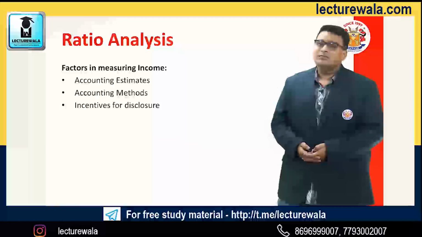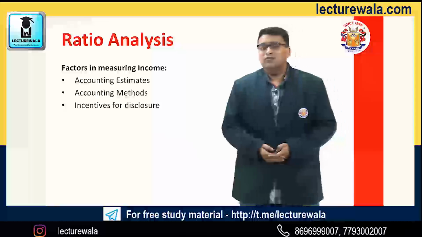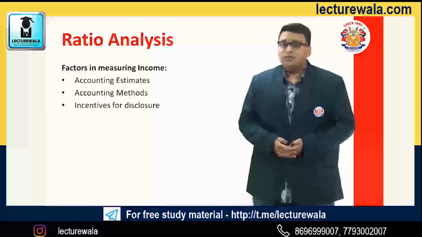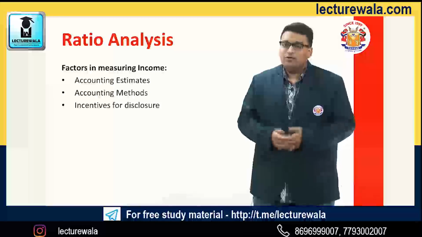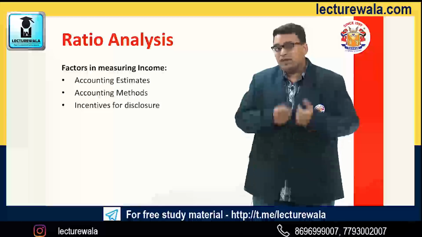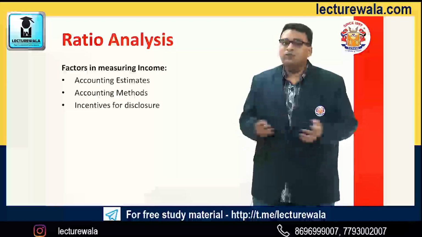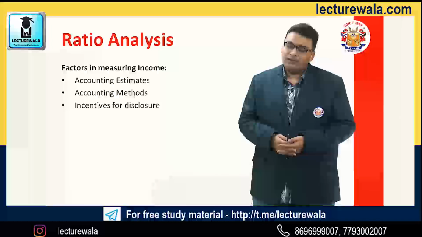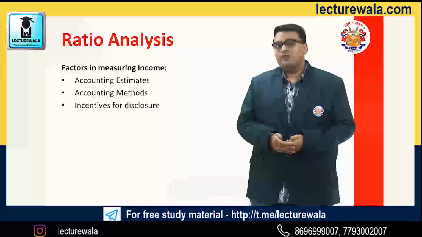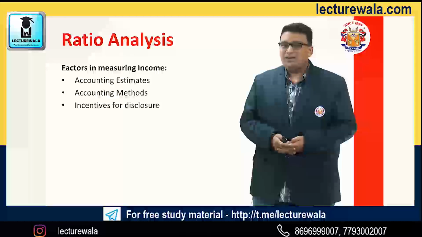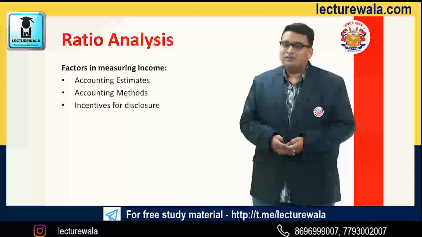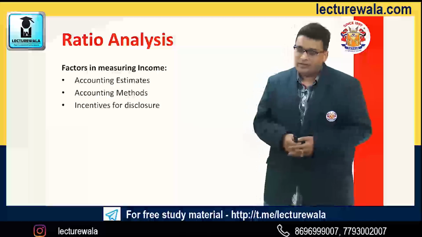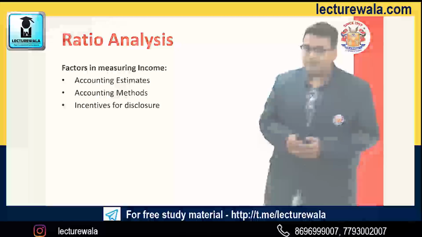We have discussed in the basics of ratio analysis why it is being made: because we are able to give detailed information in various forms to various users of the financial statement. That is the reason it has been said that there are various factors which need to be considered while measuring the income of a particular company.